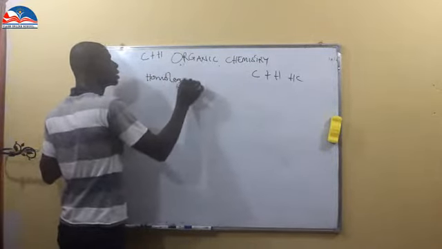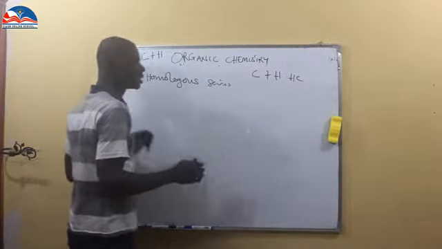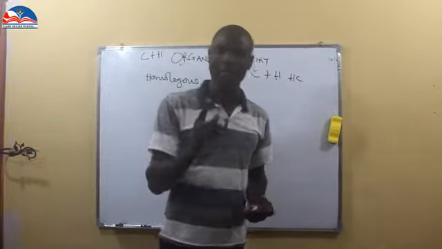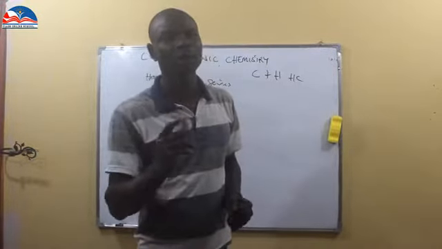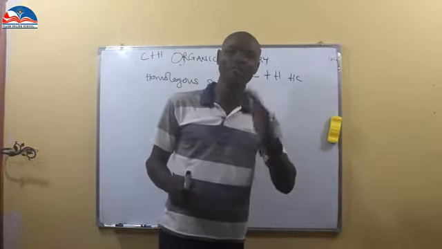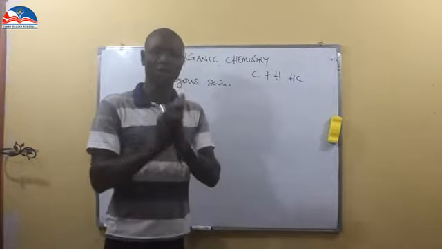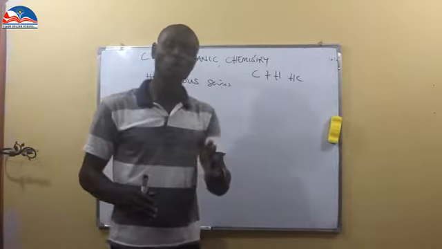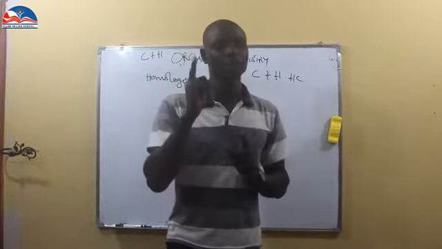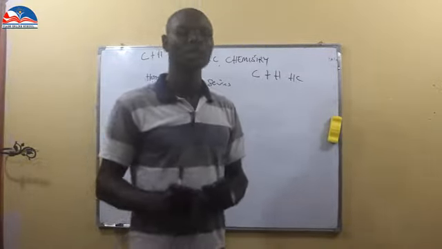Homologous series is a family in an organic compound which follows a regular structural pattern, or in which each successive member differs by CH2. Let me come again.